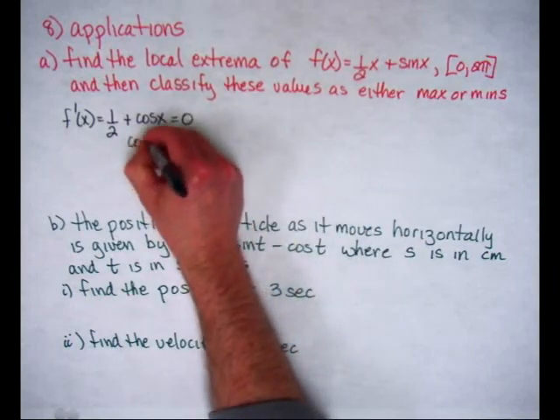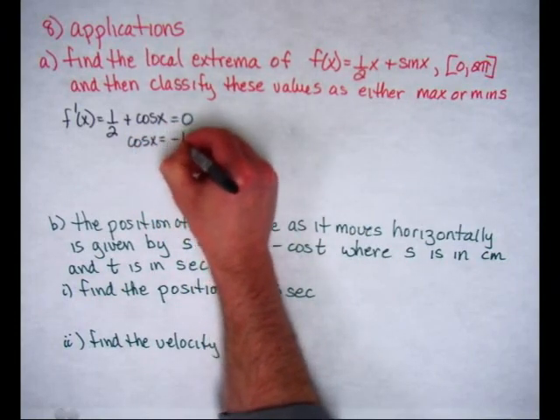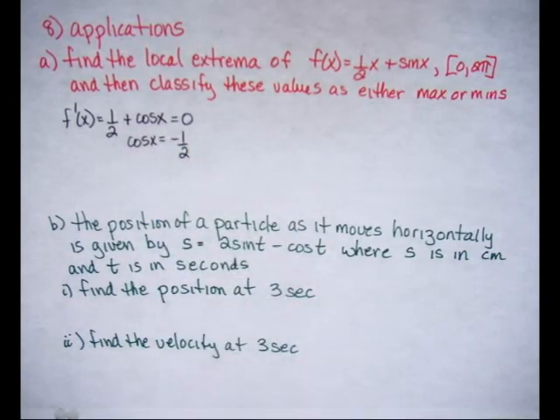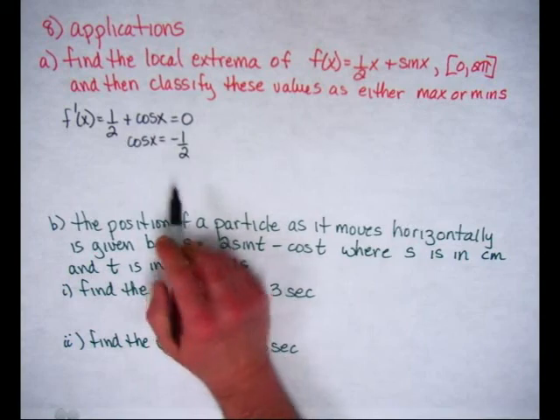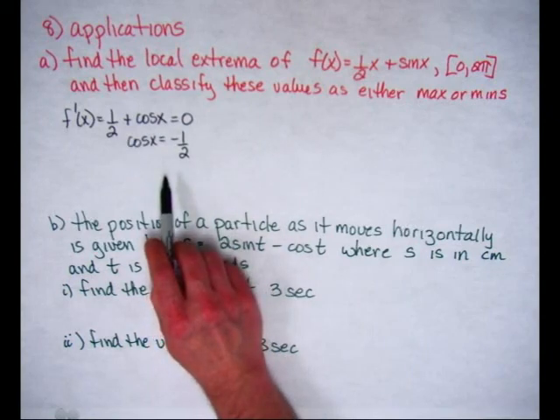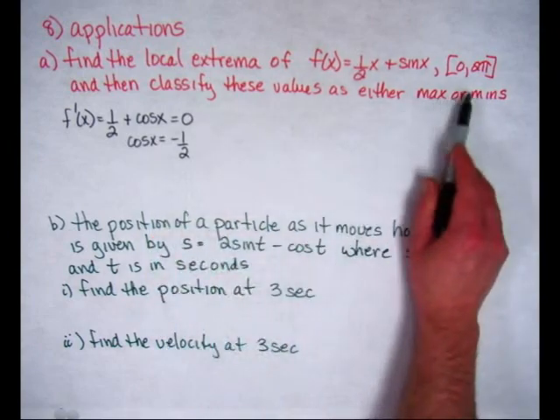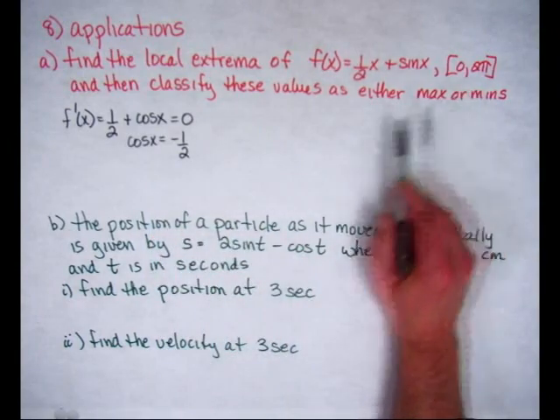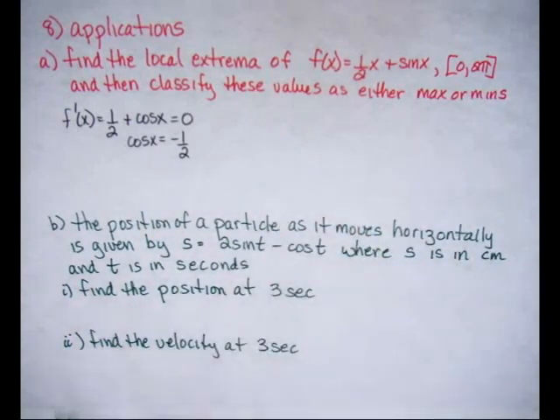So what we're going to do is subtract the 1/2, and we're going to get cos x equals negative 1/2. Now, at this point, it depends how well you understand your trig, but what you're looking for is an angle between 0 and 2 pi, so one revolution of a circle, where cos is equal to negative 1/2. So first of all, we have to identify the quadrants.